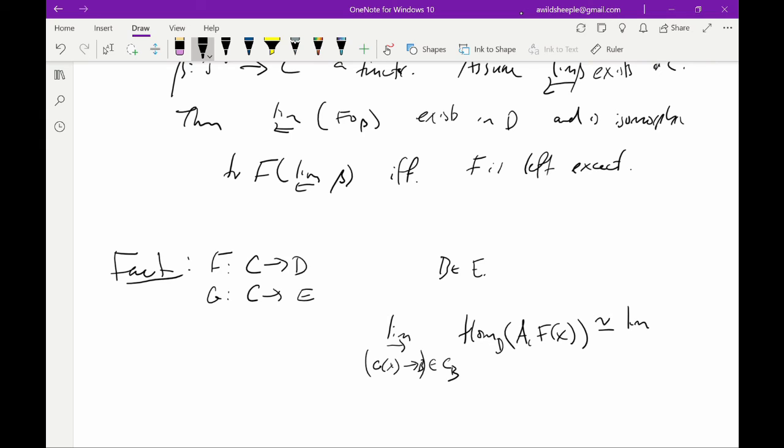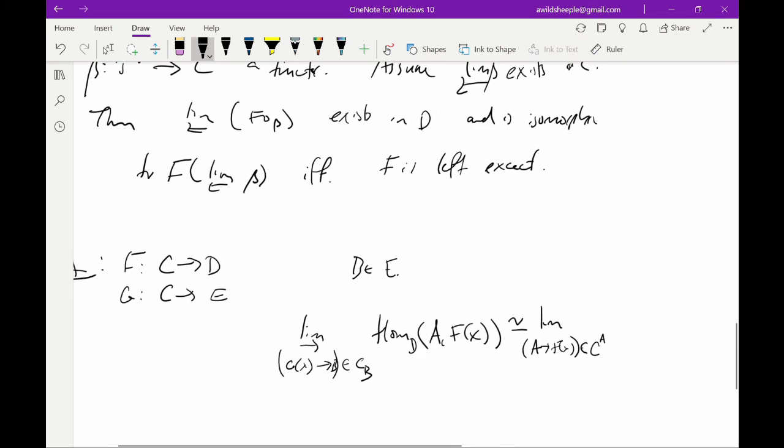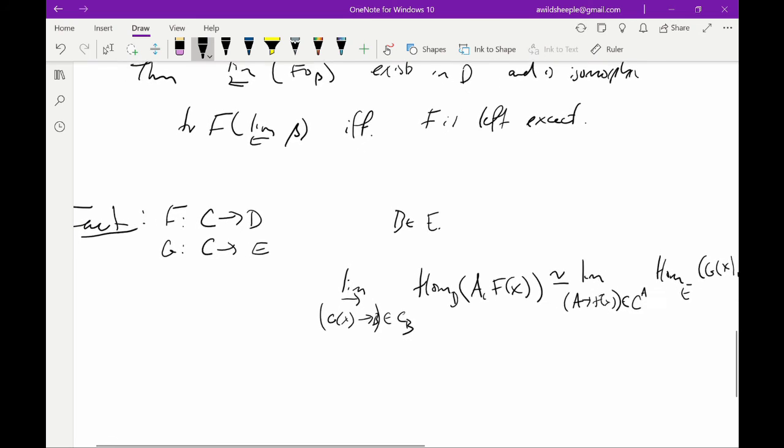This is isomorphic to the A's mapping to f of x, and this will be in C upper A, in E, Hom of g(x), B. Okay.